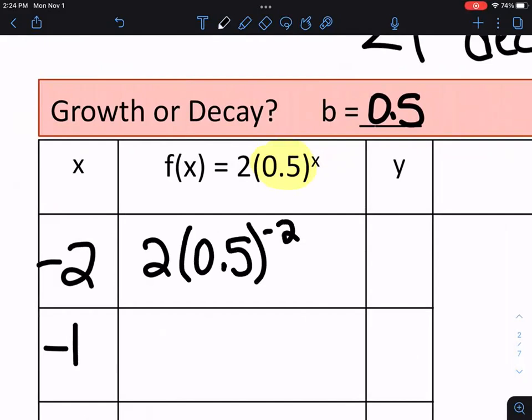In my calculator, I'm going to do 2, parentheses 0.5, close your parenthesis, then your caret key to make an exponent, -2, equals.